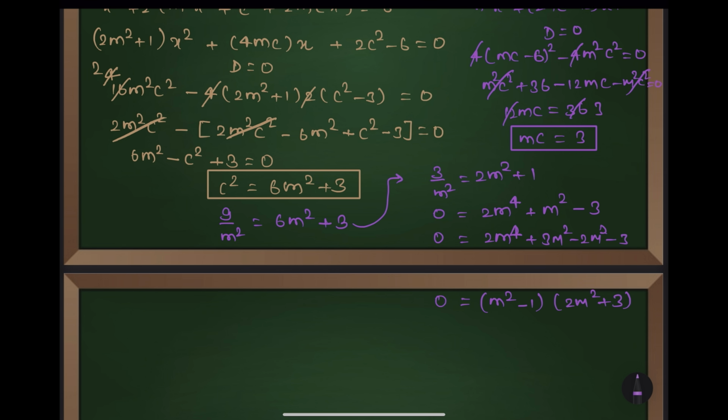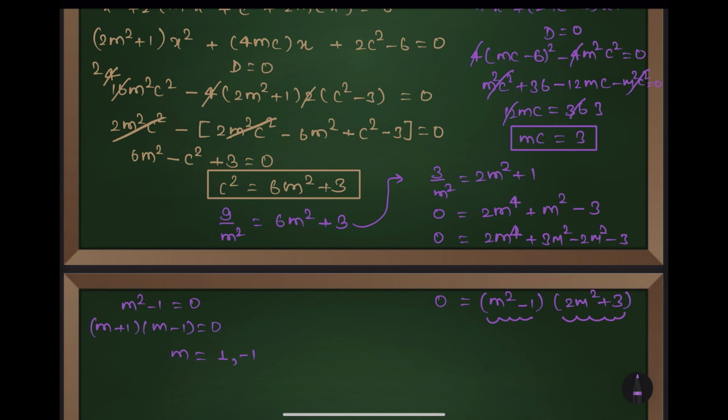You know that the second factor cannot be 0, so all the responsibility is on m square minus 1 equal to 0. So m plus 1 and m minus 1, so the value of m is plus 1 and minus 1.